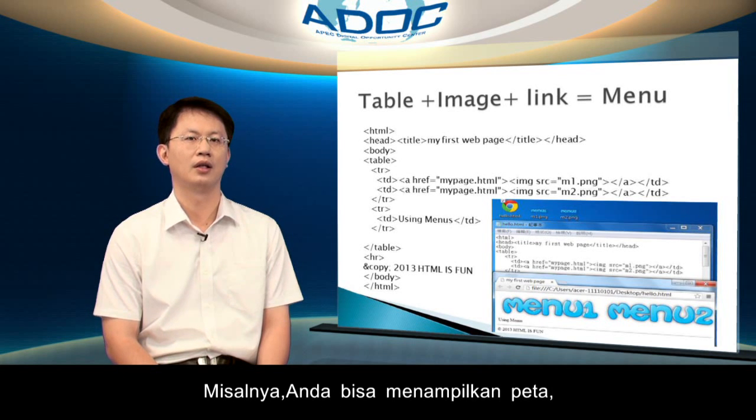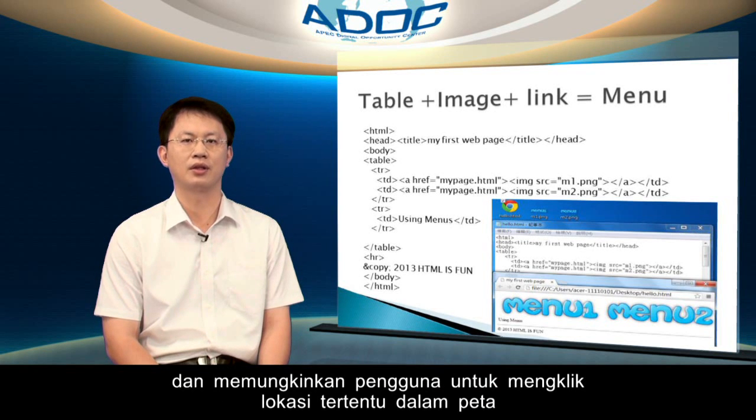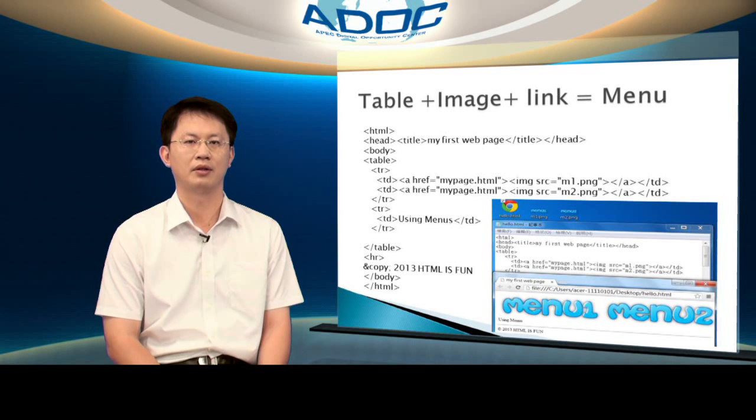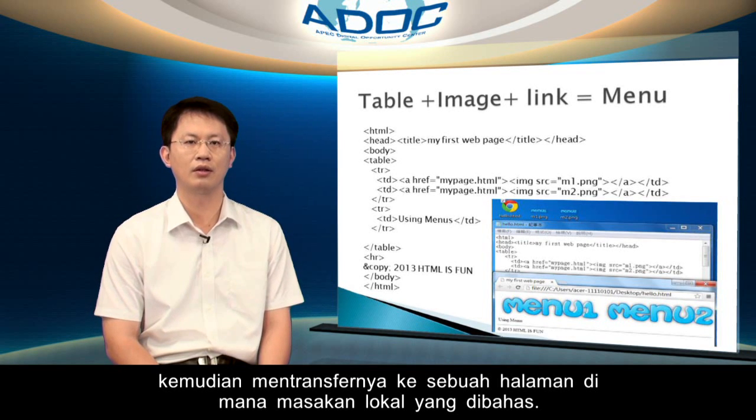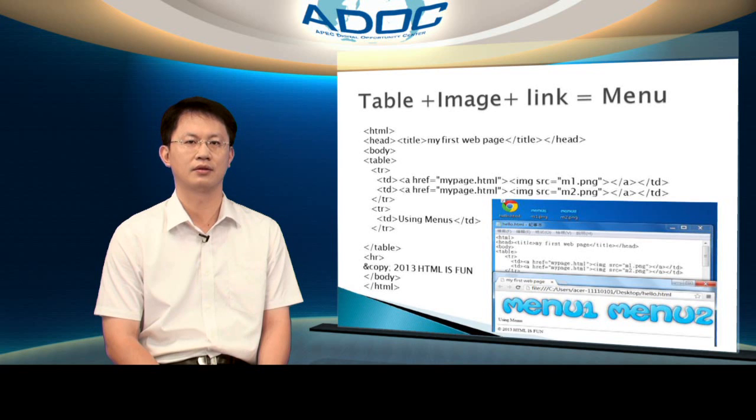For example, you could display a map and allow users to click particular locations within the map, then transfer them to a page where the contents of that locale is discussed.